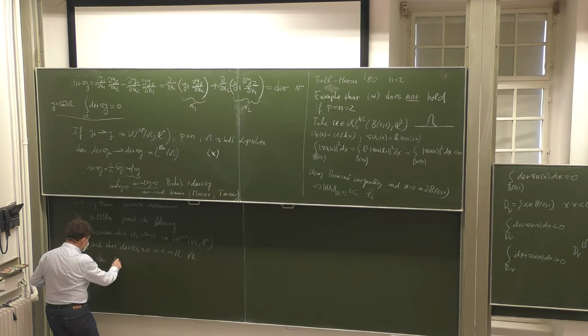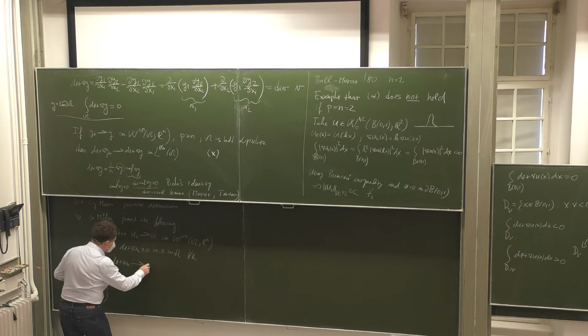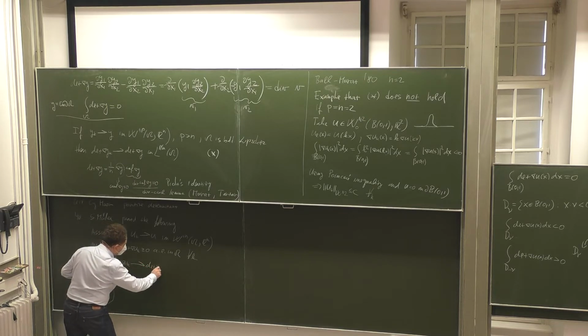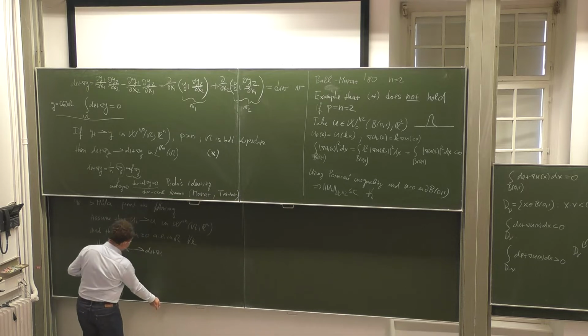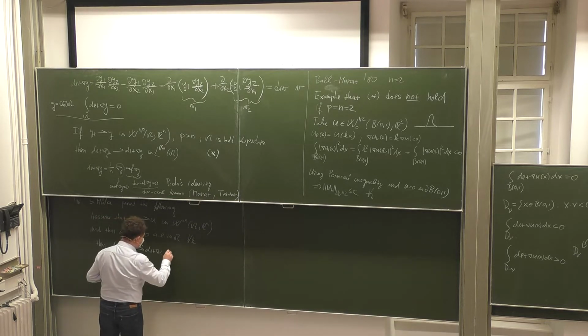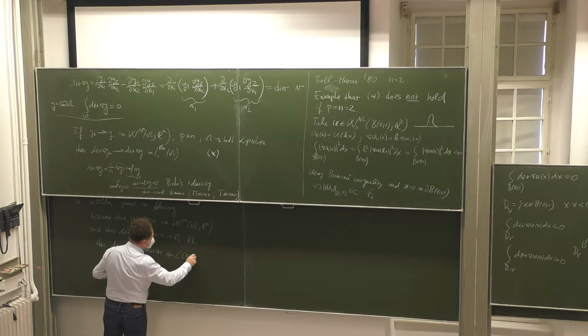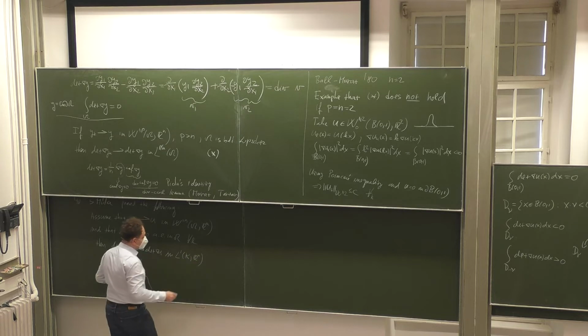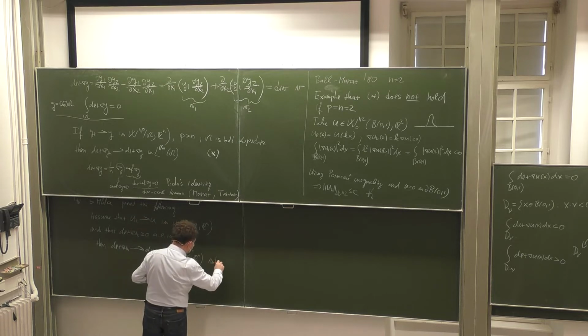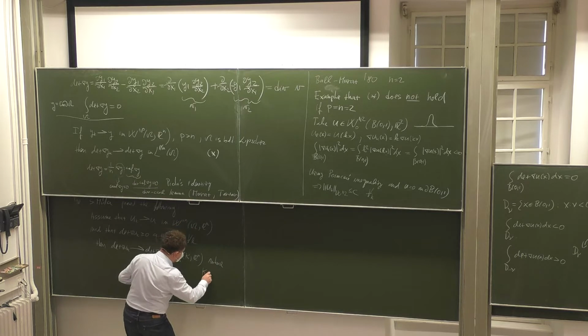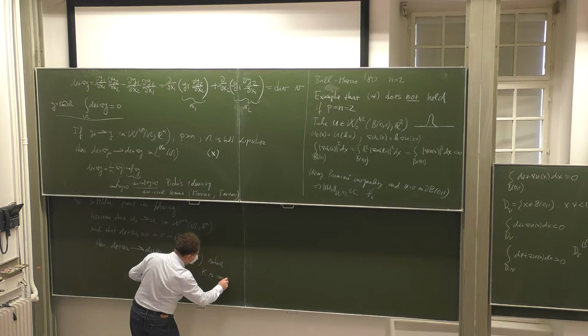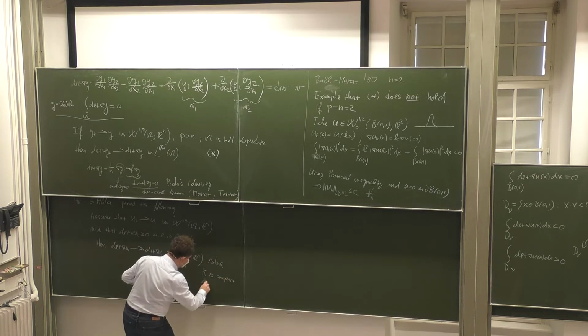Then determinant of grad u_k converges weakly to the determinant of grad u in L1(K), where K is compact and K is a subset of omega.